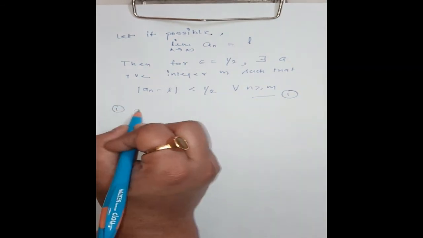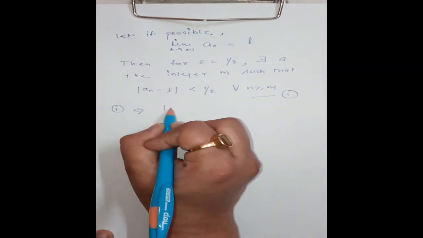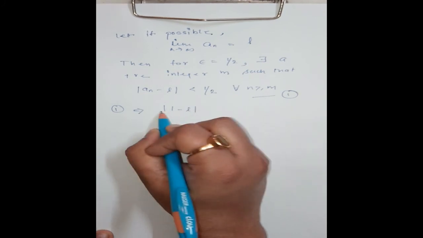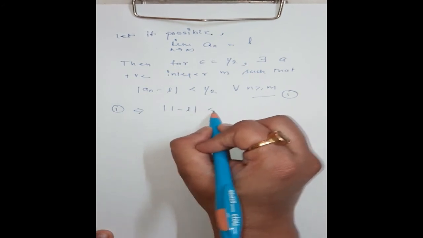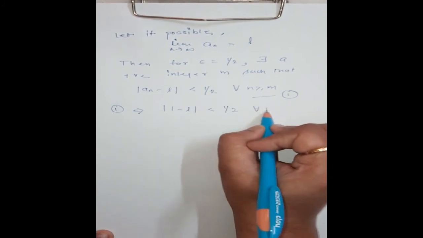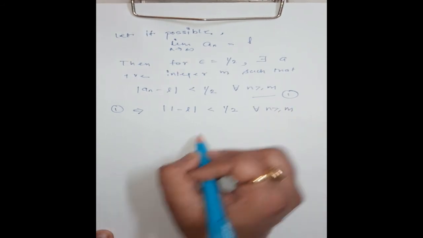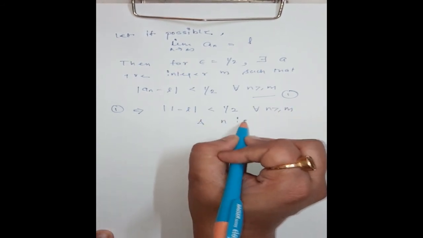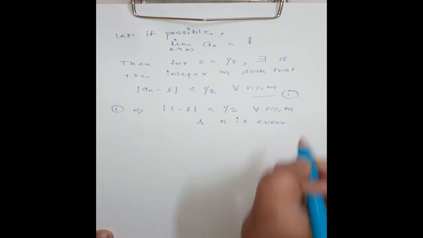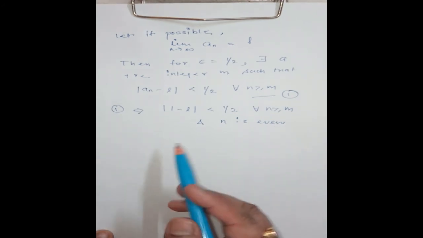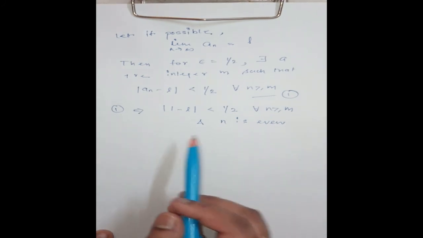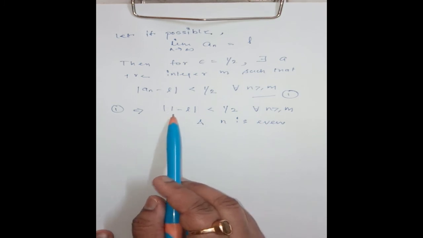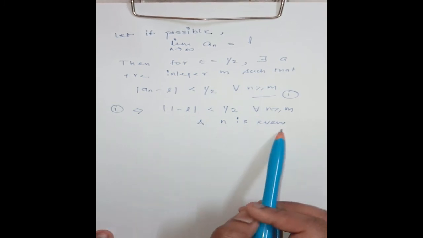Now 1 will imply mod 1 minus L is less than 1 by 2 for all n greater than or equal to m and n is even. Since the sequence is defined like this, minus 1, 1, minus 1, 1, a_n is 1 if n is even.